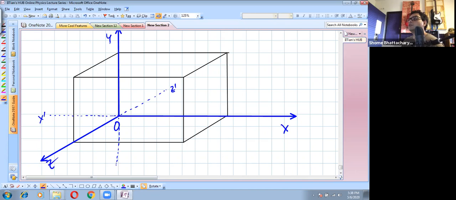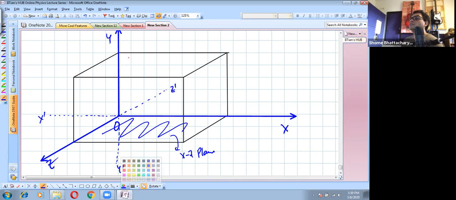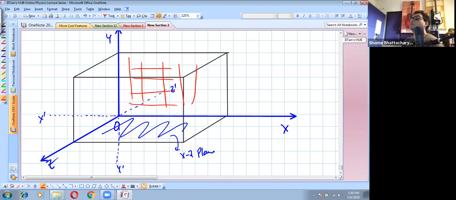So those planes that we were talking about, they are now this. This is your xz plane, which is the floor of the box. This is your xy plane, which is one of the side walls of the box.